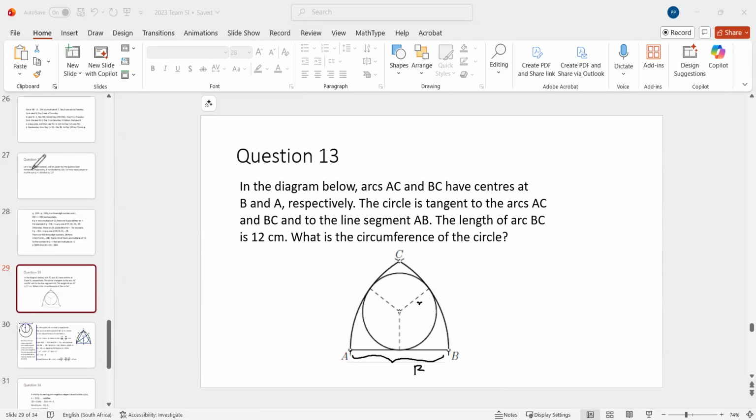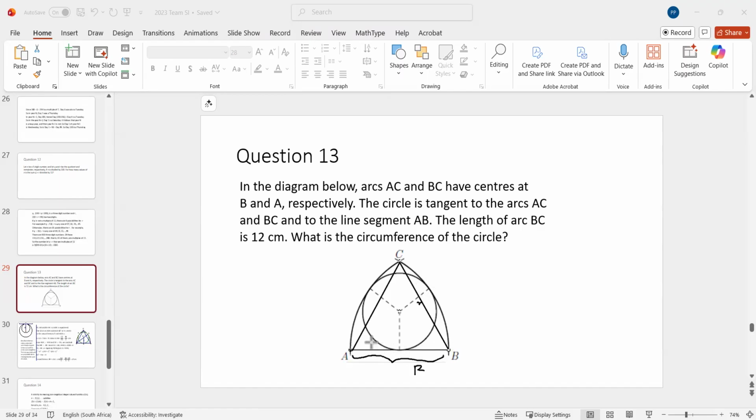So what I can do is the following. If I join A to C and C to B, this radius here is the same as that. This is an arc, you see, and this is the center.